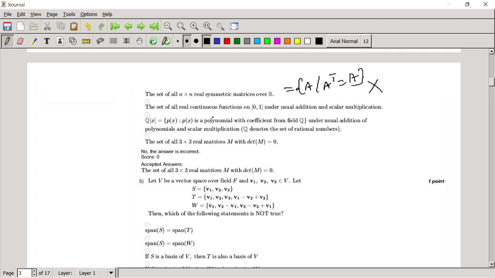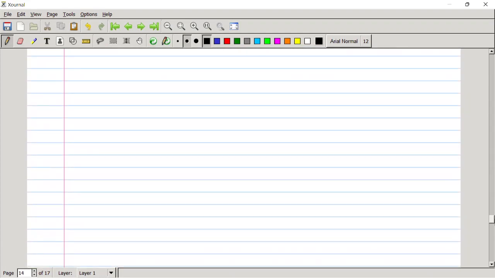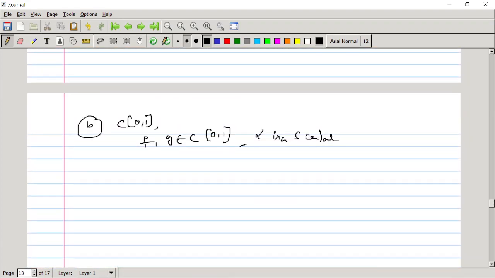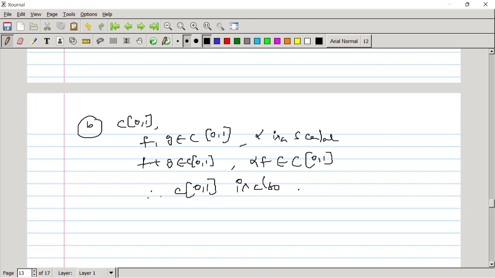Whenever f and g are two continuous functions, f plus g is also a continuous function. So f plus g belongs to C of 0 comma 1, because the addition of two continuous functions is continuous, and a scalar multiple of a continuous function is also continuous. Therefore C of 0 comma 1 is also a vector space.